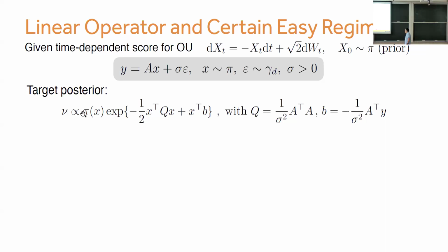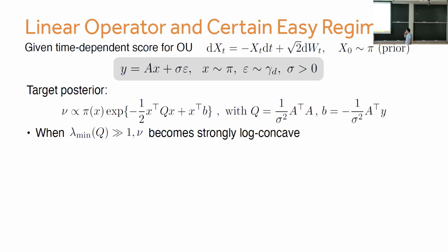Okay, but before I go into the details, let's first look at this matrix Q, because we can easily identify certain easy regimes where this task is easy to sample. First, imagine if the smallest eigenvalue of Q is very large.